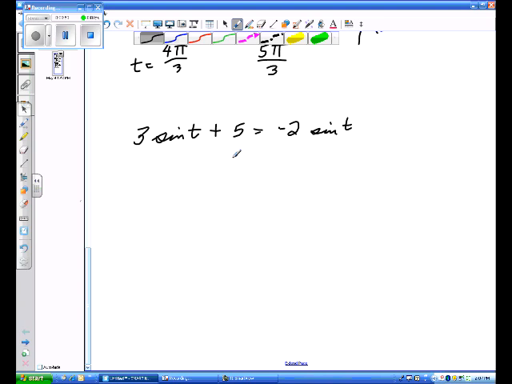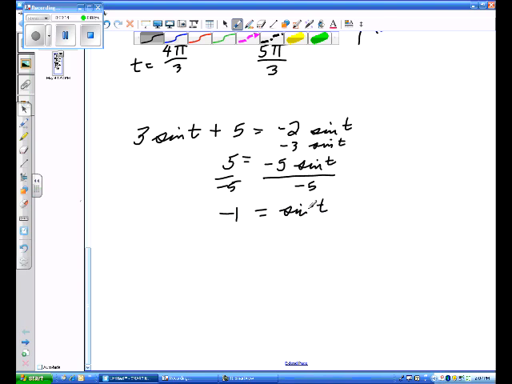And again, we're going to give our answer in radians. So let's get our sine t's on the same side. We're going to subtract 3 sine t, which gives us negative 5 sine t. Dividing both sides by negative 5, we get negative 1 equals the sine of t.